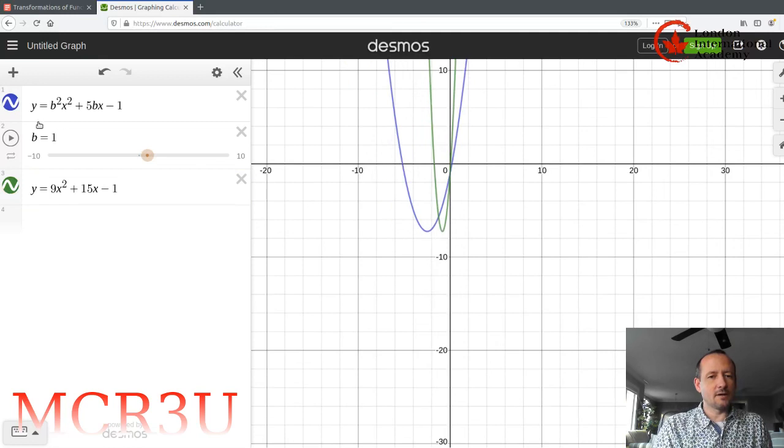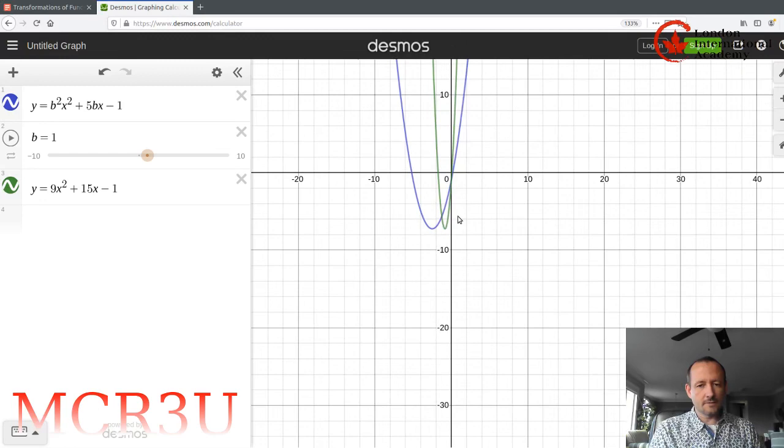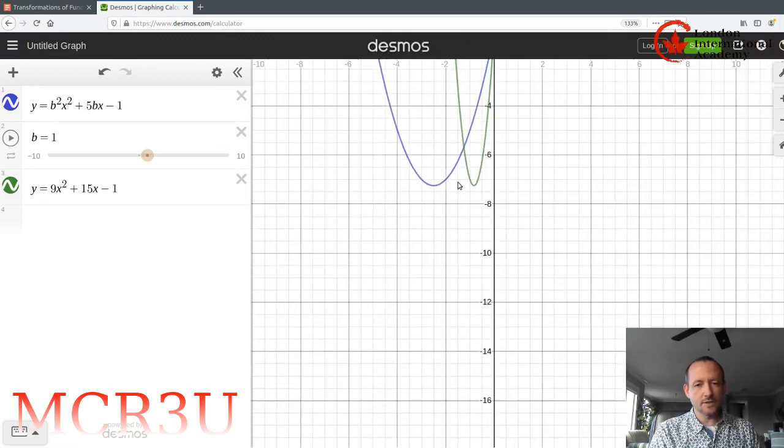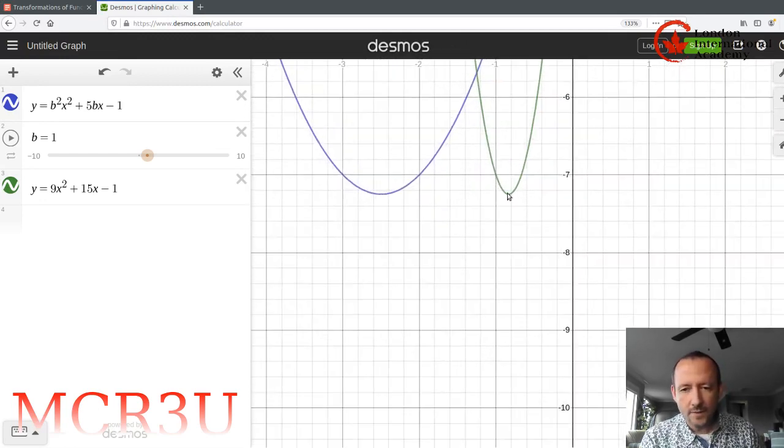So by multiplying everything by b, every x value by b, each point is b times closer. So here, if I look at the vertex, which is the lowest point, from here to here is 1/3 of the distance, 1, 2, 3, to here. Each point is 3 times closer to the axis.